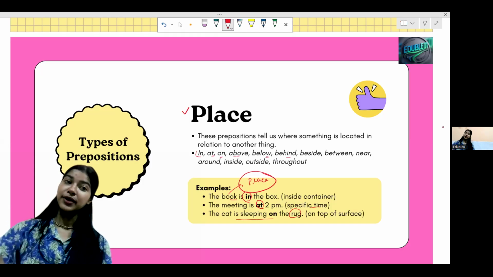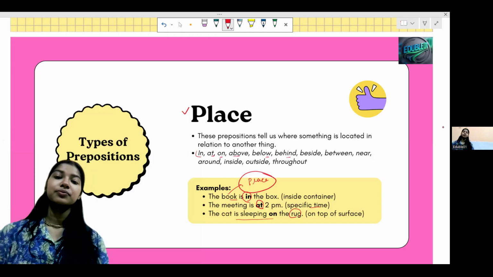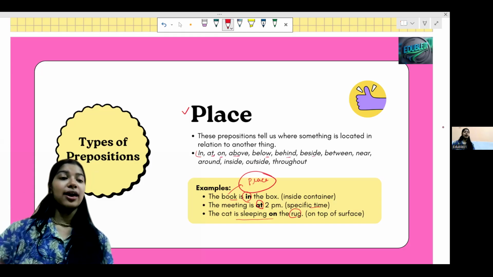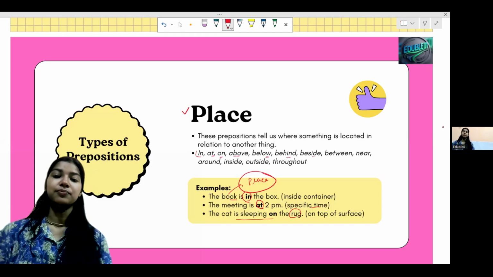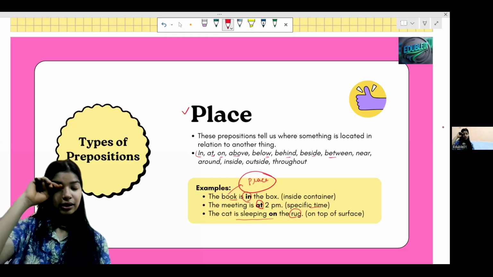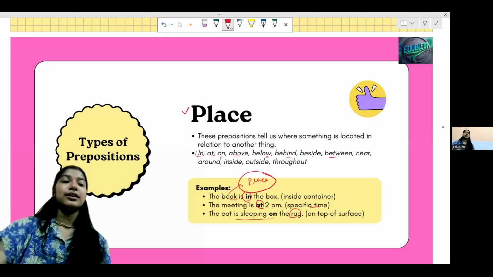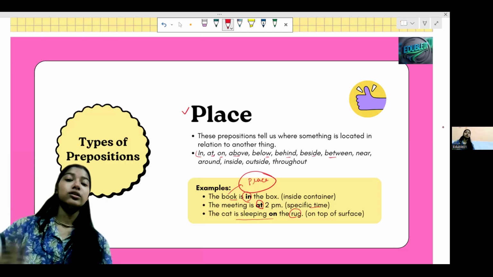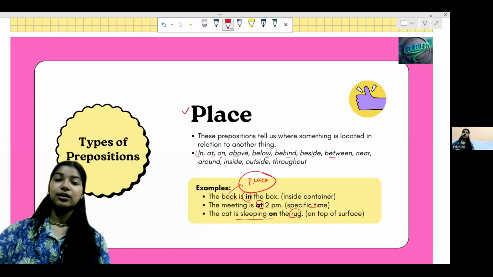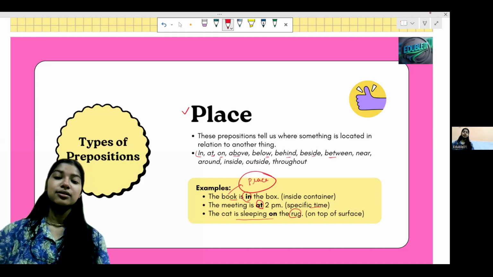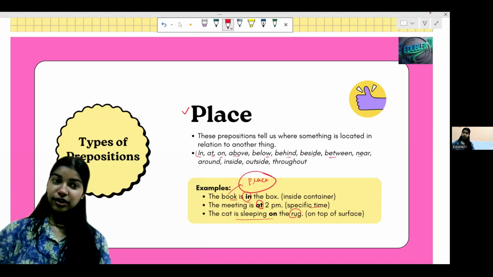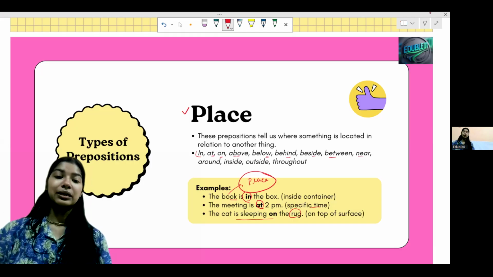The cat is behind me. The chair is beside me. Ria is between two trees. Next is near. Ria is near Nina.